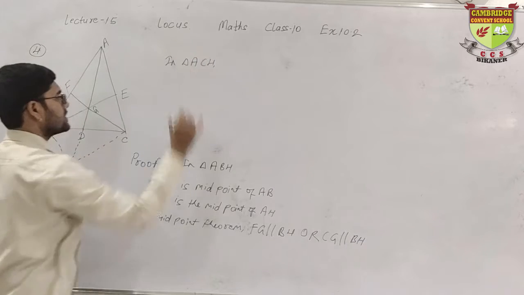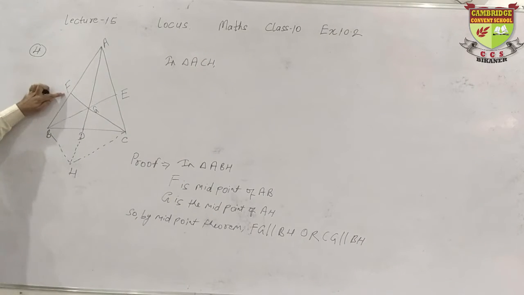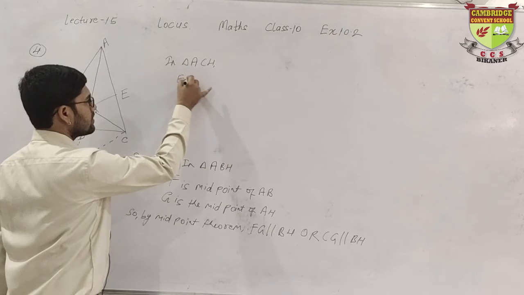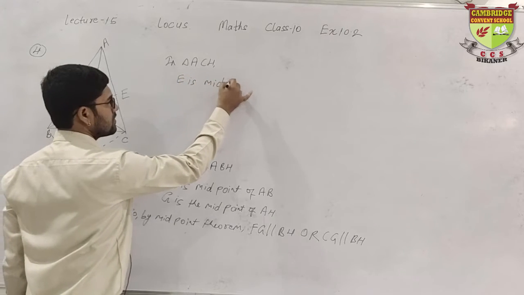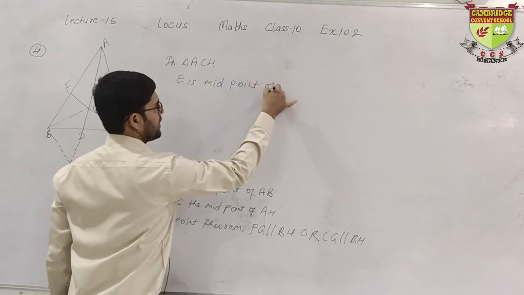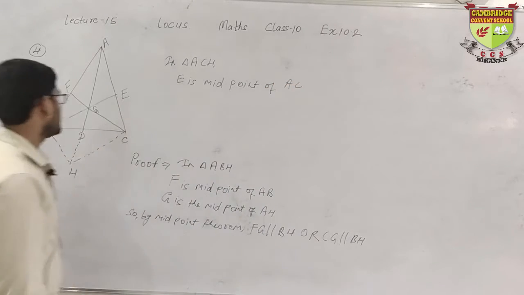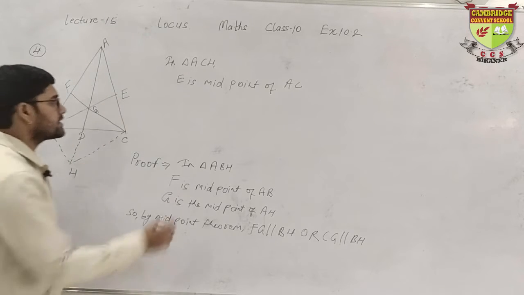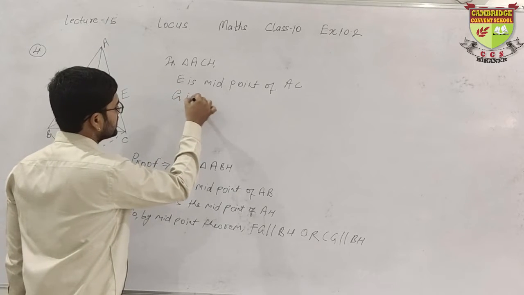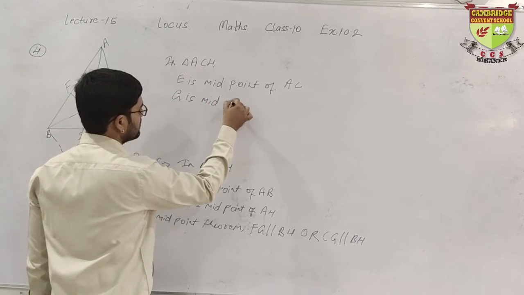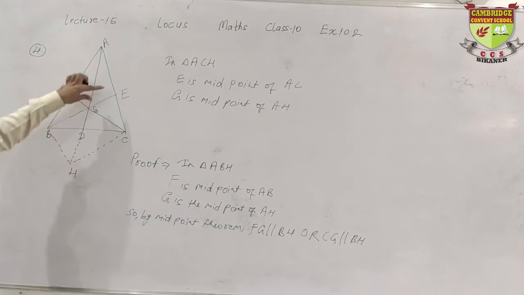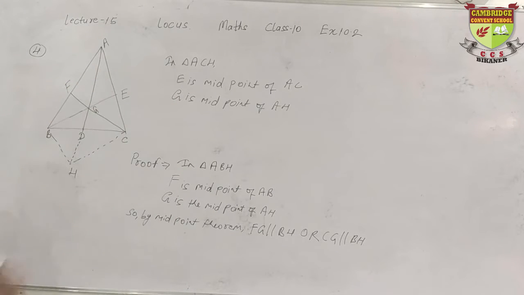In triangle ACH, like F was the midpoint of AB, similarly E is the midpoint of AC. And similarly G is the midpoint of AH, obviously. Because of both these midpoints, again the midpoint theorem is applicable.